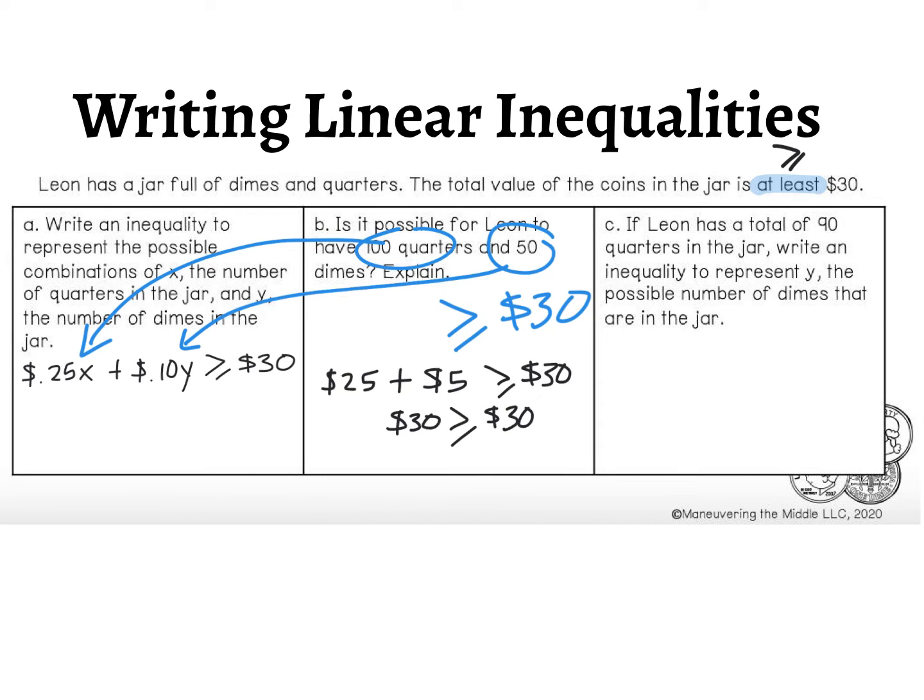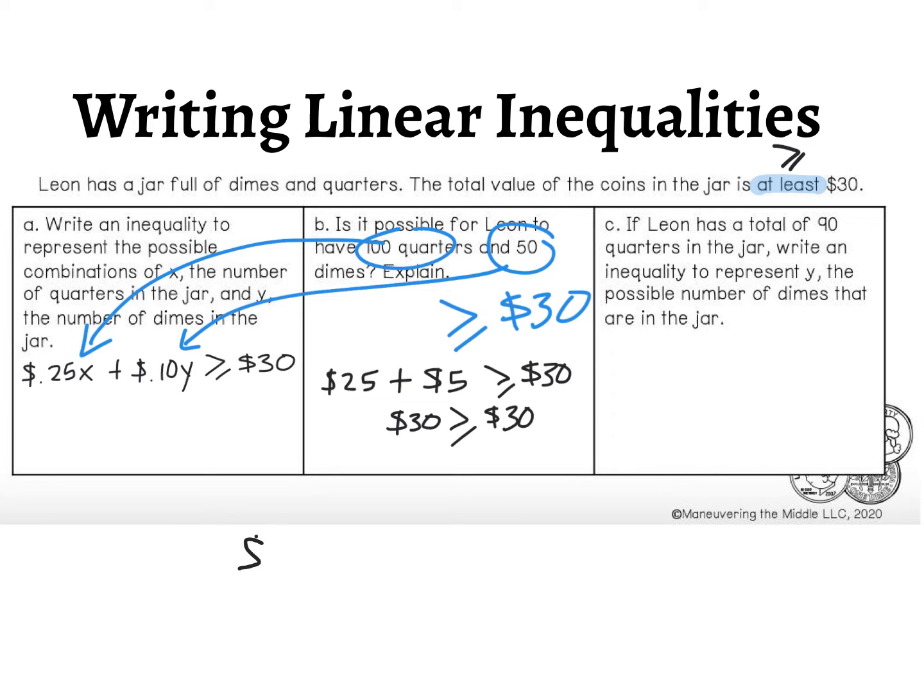Alright, this last scenario. If Leon has a total of 90 quarters in the jar, write an inequality to represent y, the possible number of dimes that are in the jar. So we know that there's 90 quarters in the jar. That value represents x. So I'm going to plug in the 90 into x.